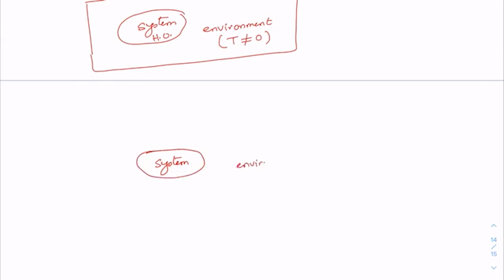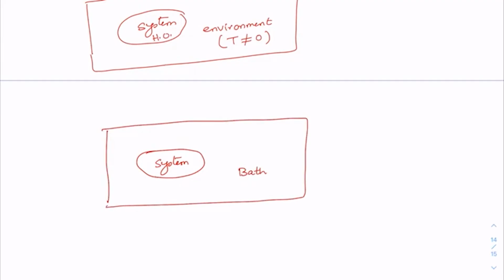Let me call this the environment, or it is also termed the bath. This bath is modeled as a collection of an infinite number of independent harmonic oscillators. So the bath is considered as if the system is interacting with a lot of independent harmonic oscillators like this, and it is going to be modeled like this. I'll show you how this is done.